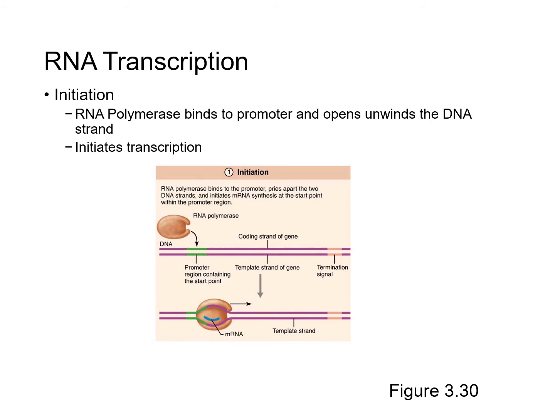And there it pries the two complementary strands of DNA away from one another, similar to what helicase did in DNA replication. And with those two strands now separated, transcription can now begin with the formation of a complementary messenger RNA strand.